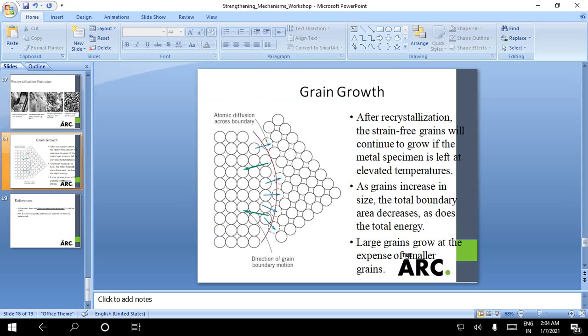The last step in annealing is grain growth. Normally after recrystallization, the strain free grains will continue to grow if the metal specimen is left at the elevated temperature.